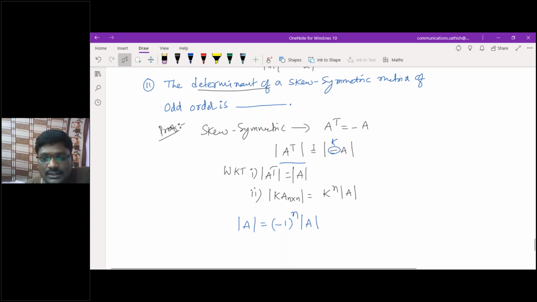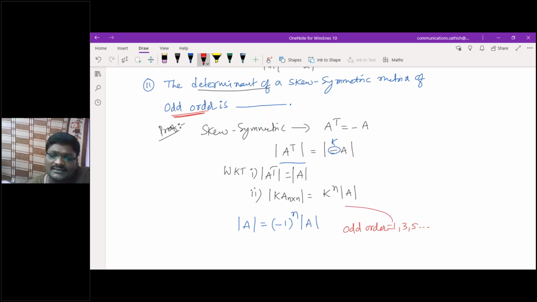Understood? And they are asking, what is the determinant of this skew symmetric matrix of odd order? Odd order means n is 1, 3, 5 and so on, an odd value.